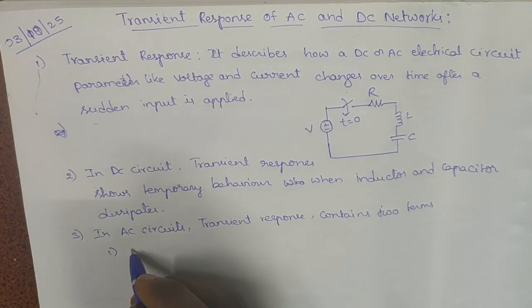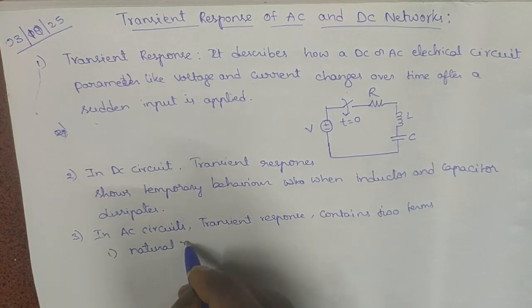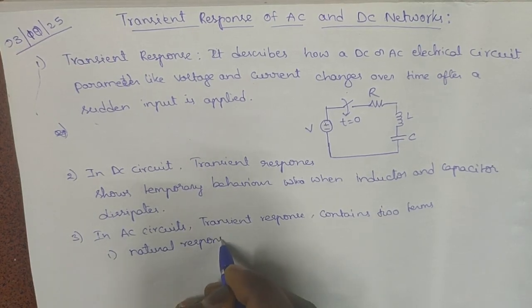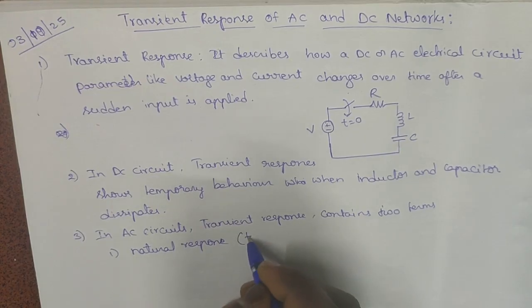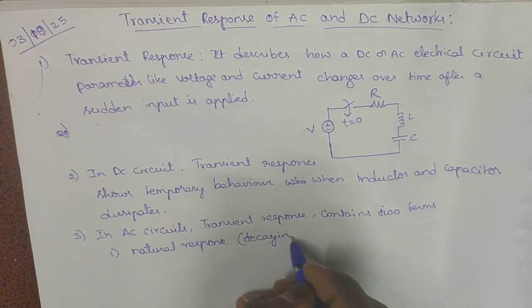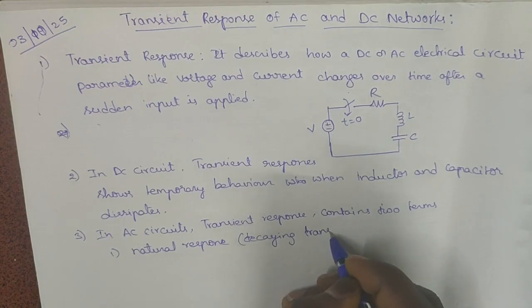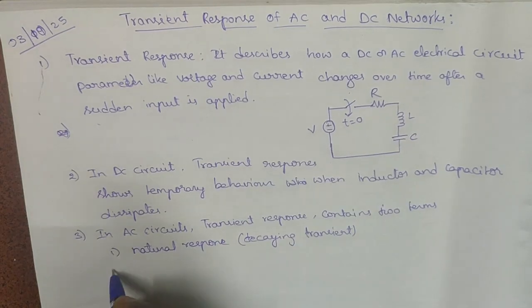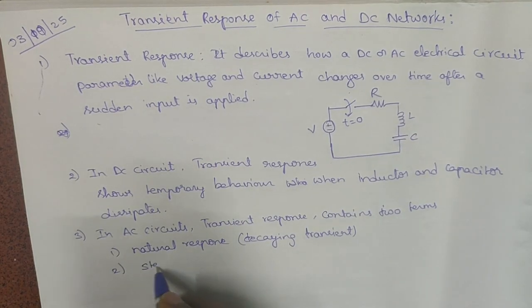One is the natural response or decaying transient, and one is the steady state response.